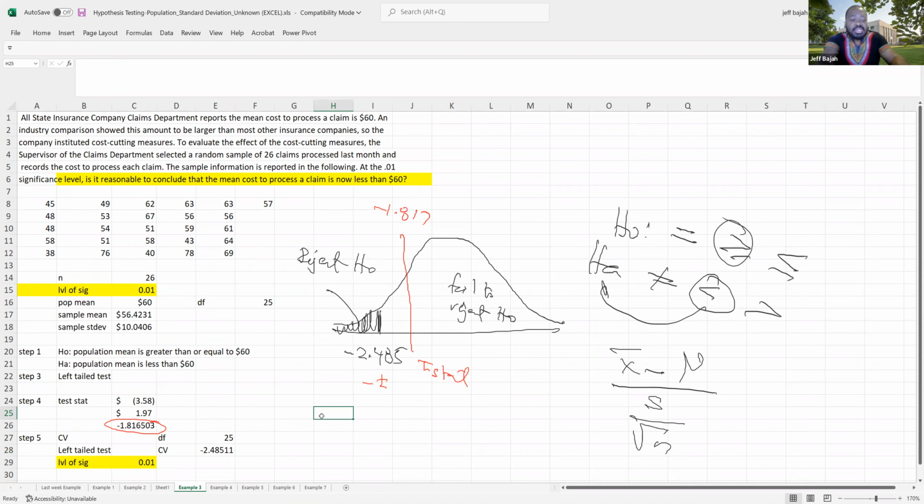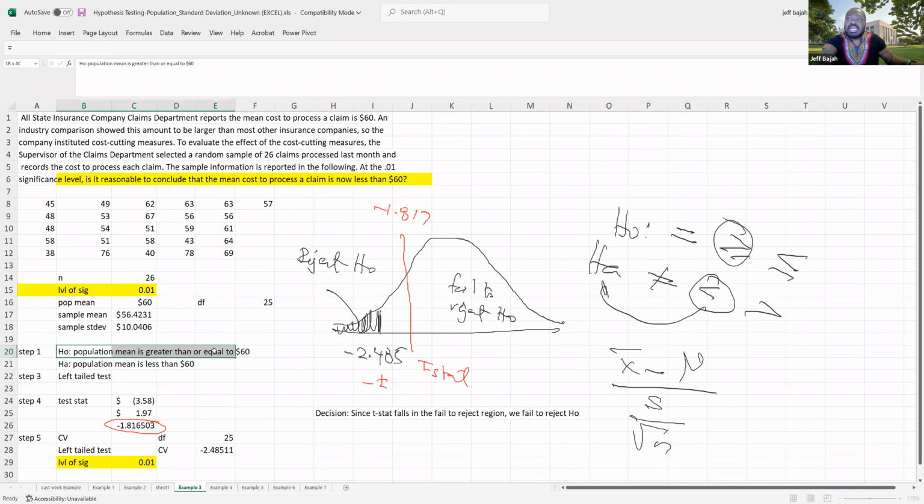So our decision here would be, since T stat falls in the fail to reject region, we fail to reject H sub O. So what is H sub O that we're failing to reject?